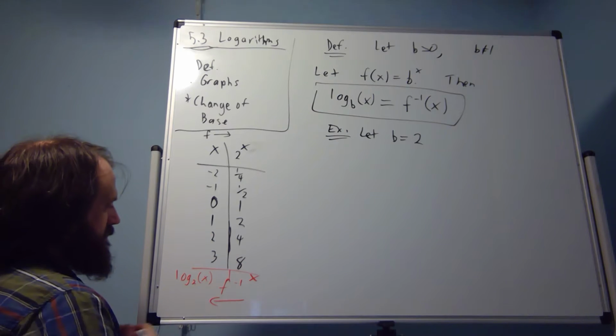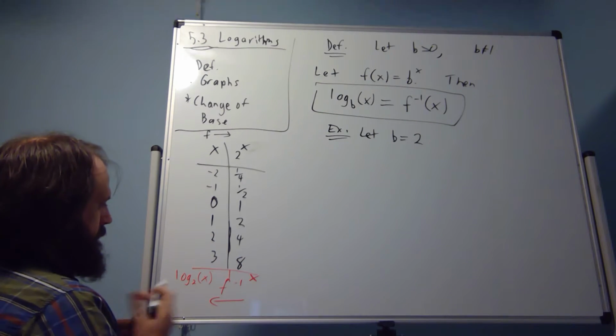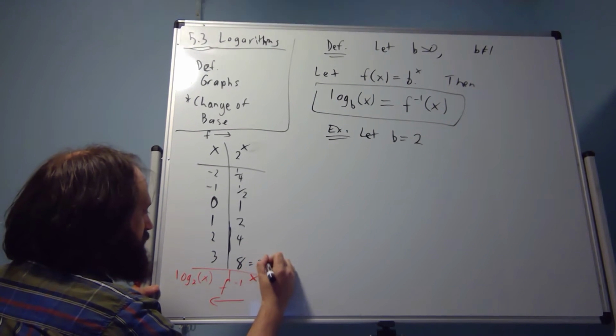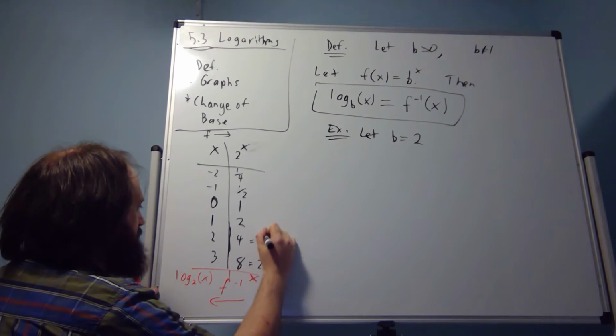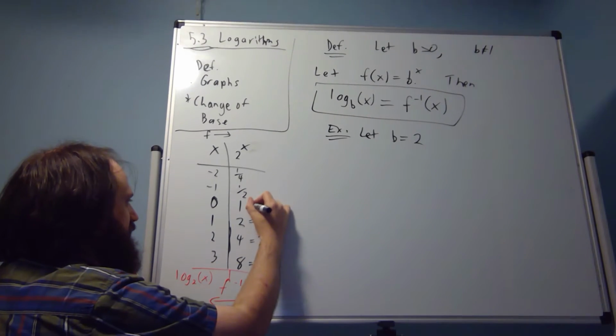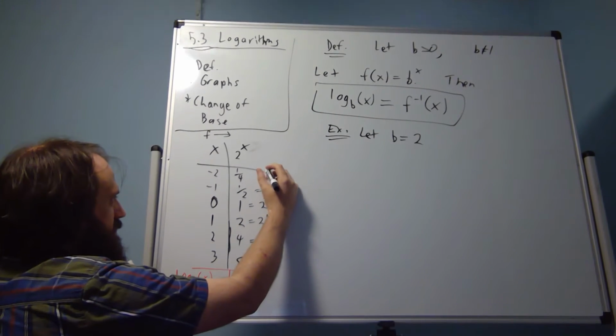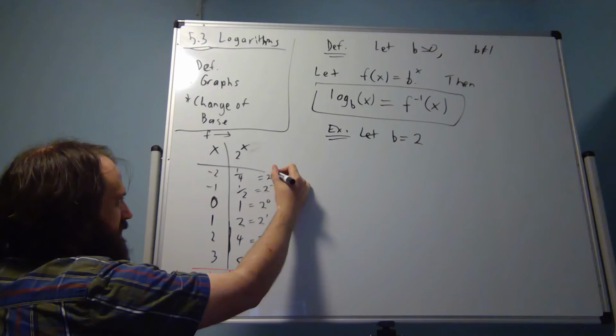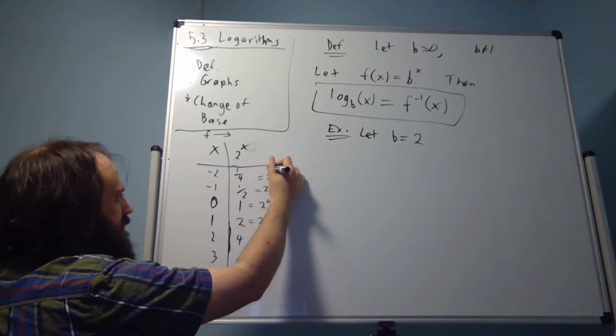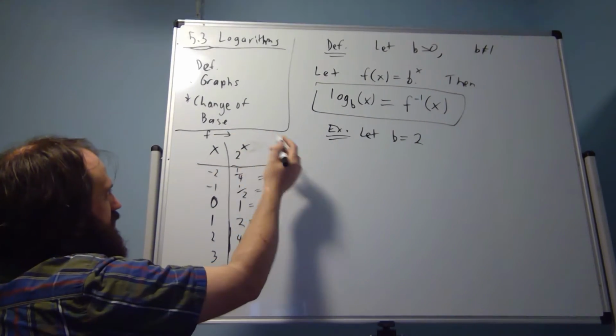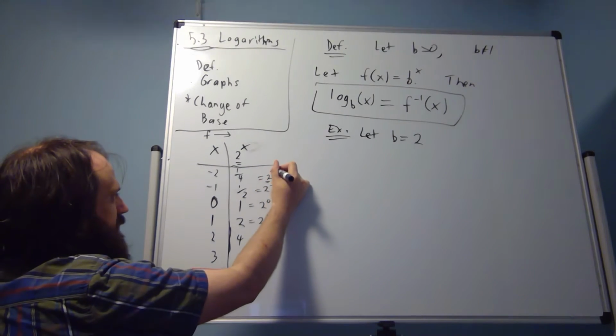Well, 8 is 2 cubed. So yet another way of thinking about this that's often really handy: if you can write something as 2 to the something, then the logarithm is right there in the exponent. That's what's cool about this. So it's 1/4. Well, the base is 2, so I want to write it with base 2.